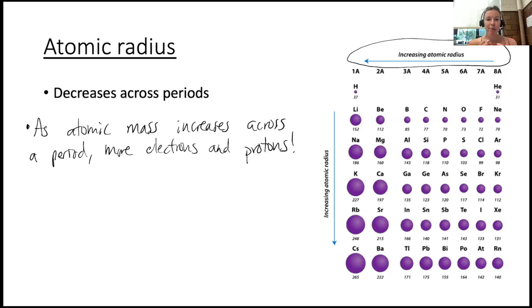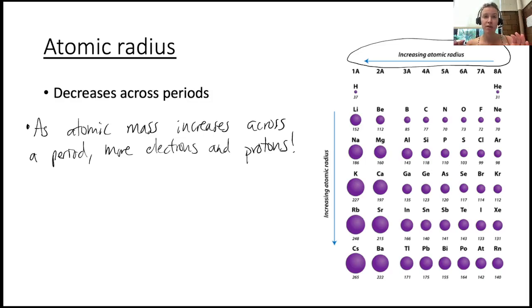And so what's happening here, folks, is you're getting more and more and more positive charge in the nucleus and more and more and more negative charge in the electron orbitals. And this acts kind of like a magnet. The magnet gets bigger and bigger and bigger.